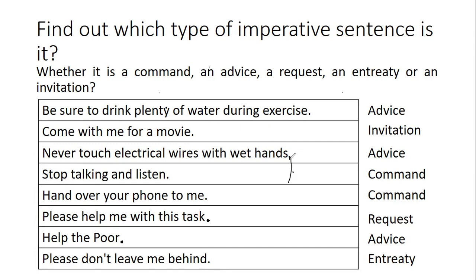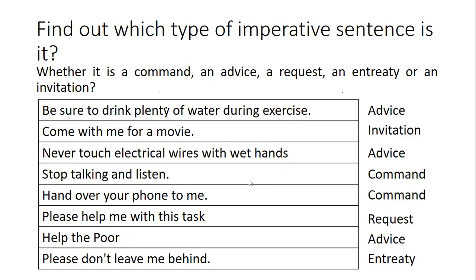We are going to learn different punctuation marks further. But at the end of an imperative sentence, there should be a full stop. At the end of an interrogative sentence, there is a question mark. At the end of an imperative sentence and an assertive sentence, there should be a full stop.